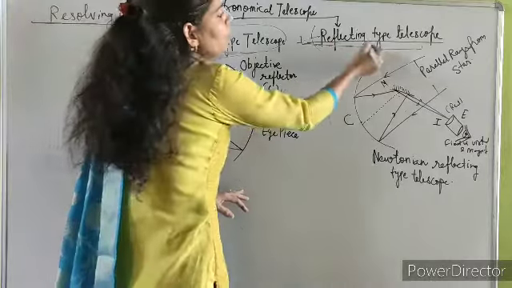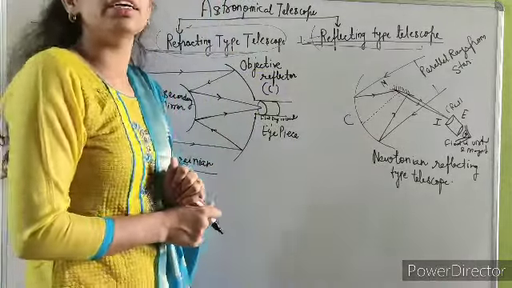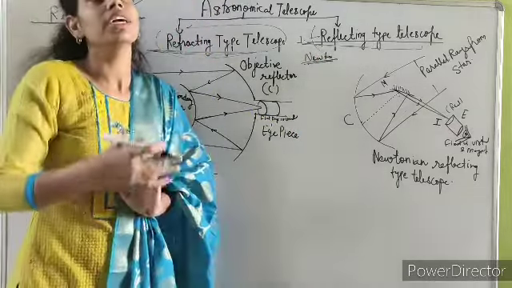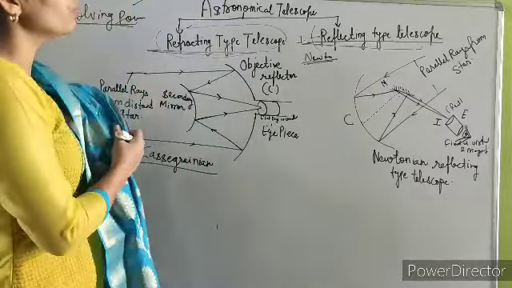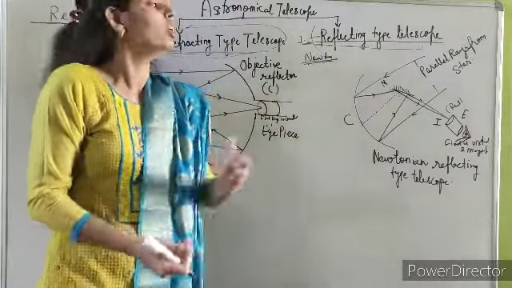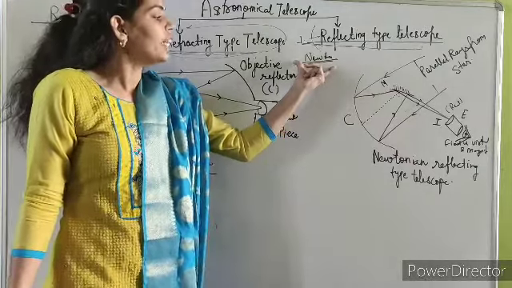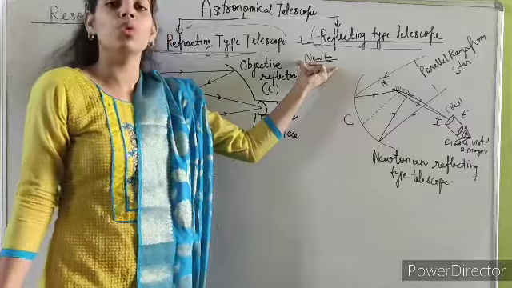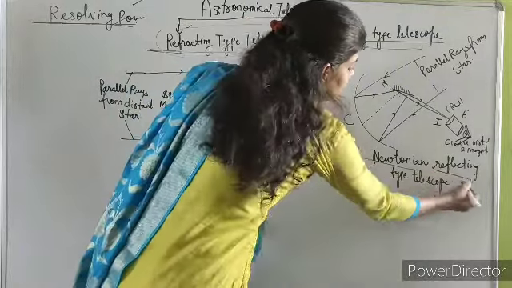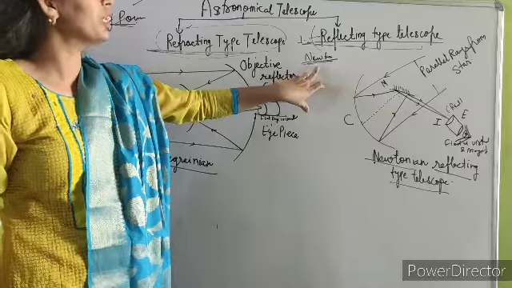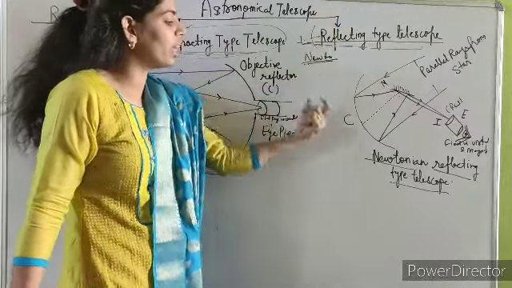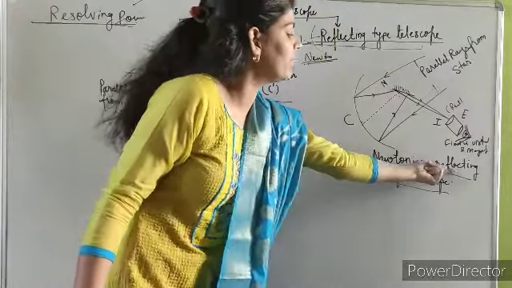The first reflecting type of telescope was designed by the scientist Newton to observe distant stars, and that telescope was known by his name as the Newtonian reflecting type telescope, because initially he designed the reflecting type of telescope to see the heavenly bodies.